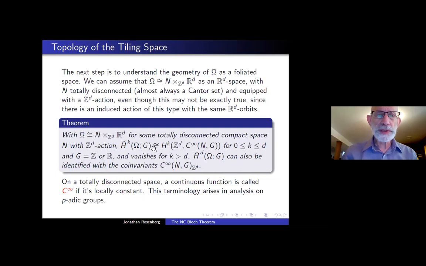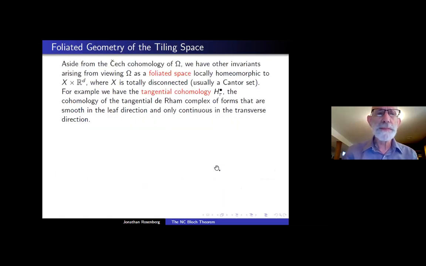So now we understand the cohomology of omega. And now some other invariants are going to come into play. So this omega as a foliated space is locally homeomorphic to X cross R to the d, where X is totally disconnected.